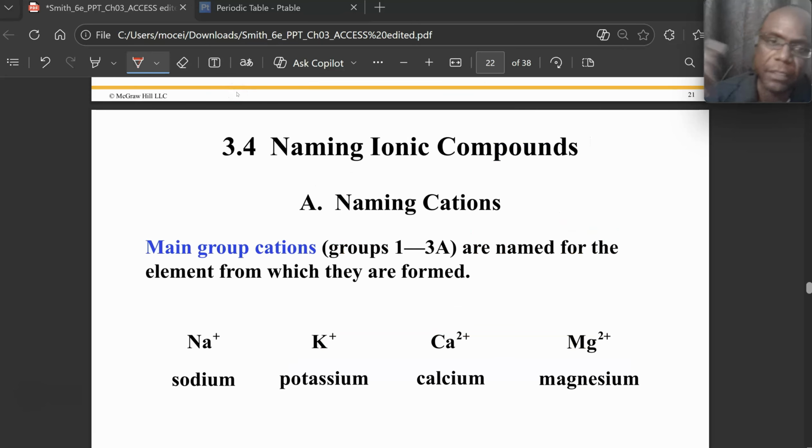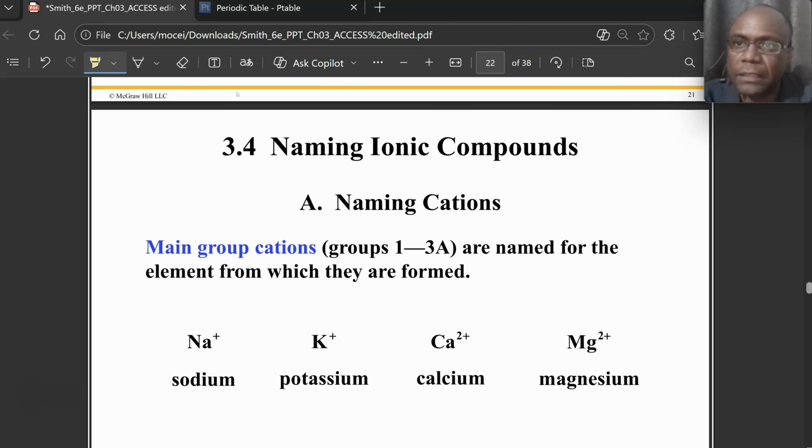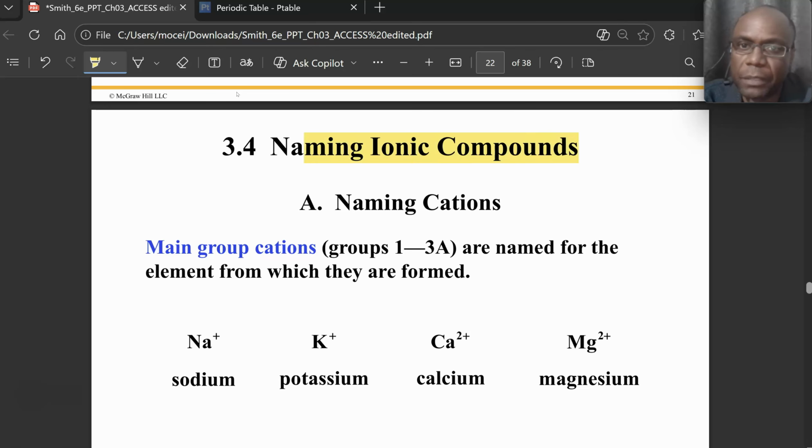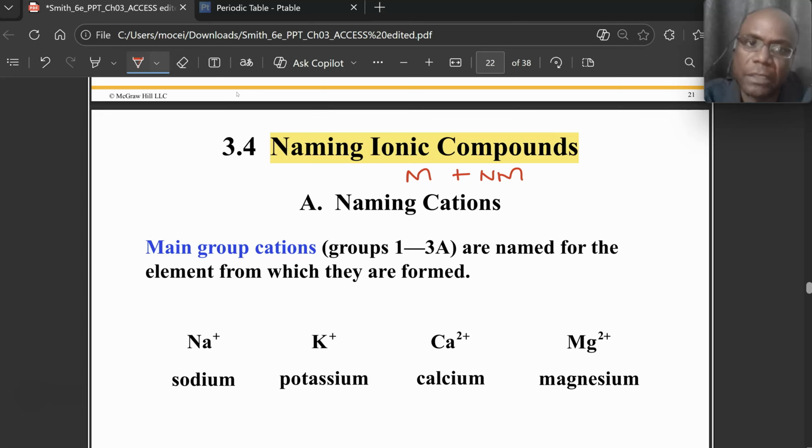You have heard me calling names like calcium chloride, calcium oxide, probably. What is the way to know how to name ionic compounds, which are compounds made from metals and nonmetals? What are the rules? What are the steps?